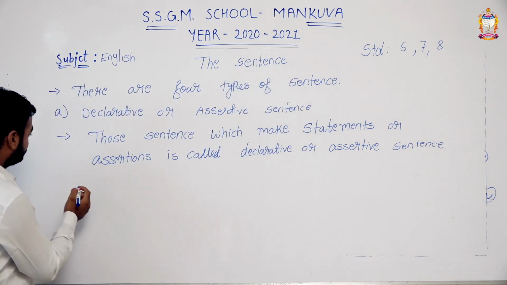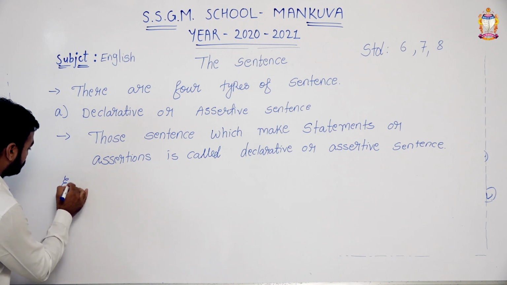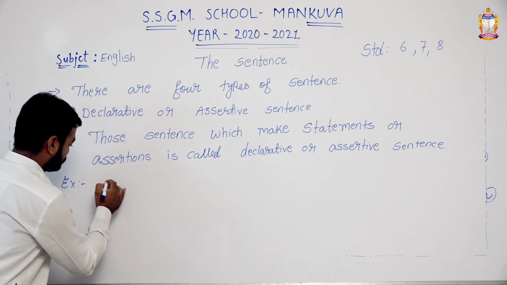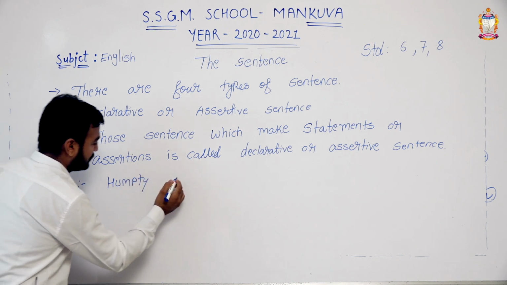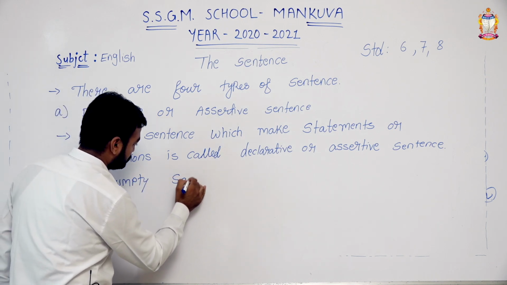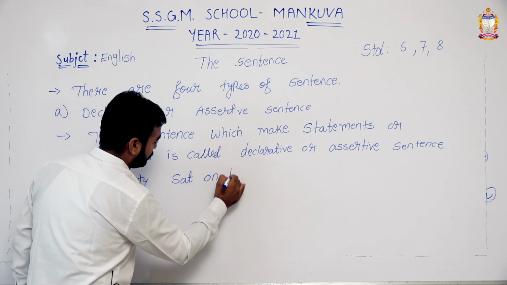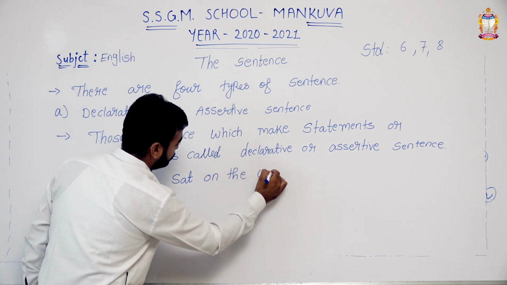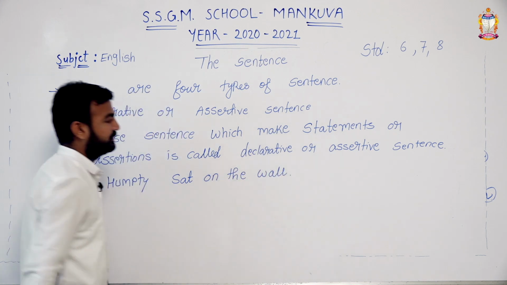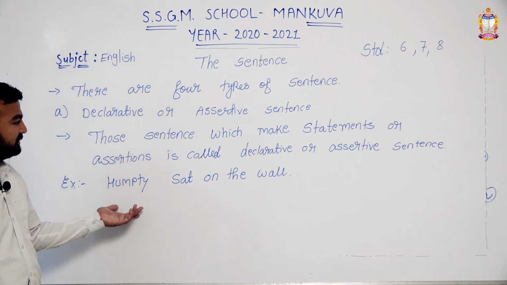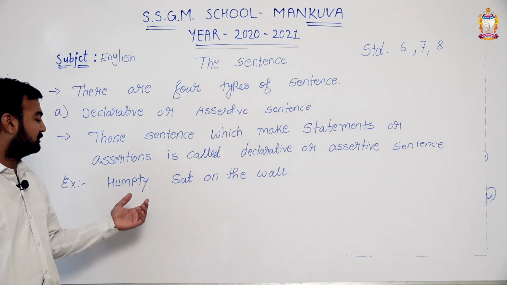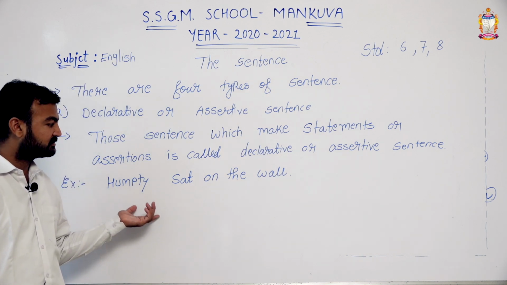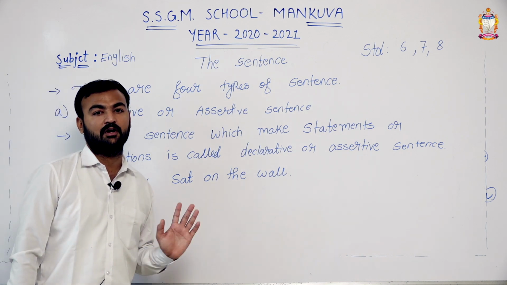For example, Humpty sat on the wall. Over here, the sentence itself makes a certain statement that the person Humpty sat on the wall.